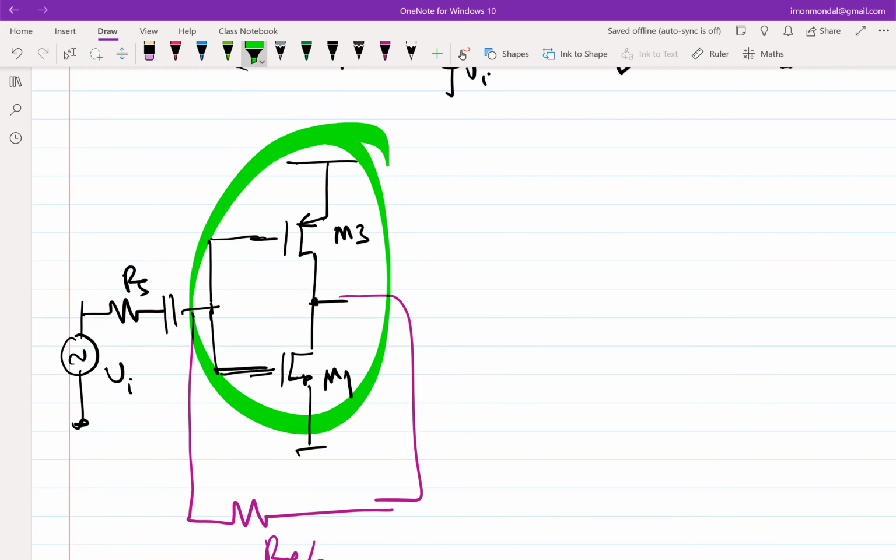What I'm trying to point out here is that you can even use an inverter as an amplifier in place of a so-called common source amplifier with a resistor on top. But the good thing about this is that in case of an inverter, you are getting the transconductance of both the NMOS and the PMOS to help you increase the gain, maybe by a factor of 2, right?